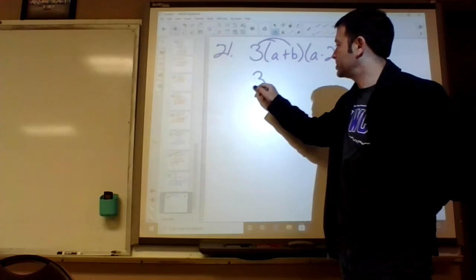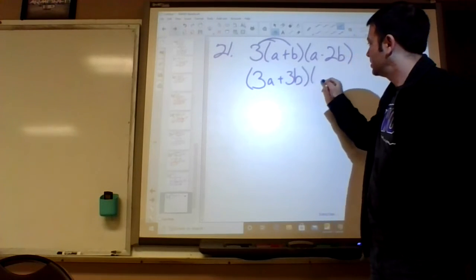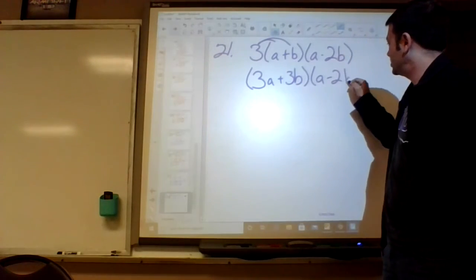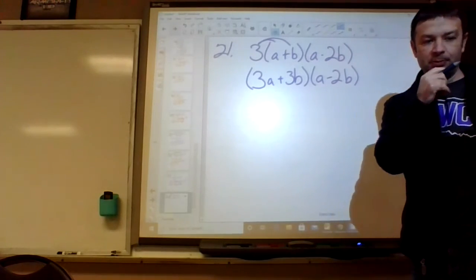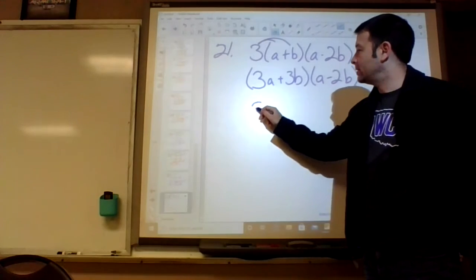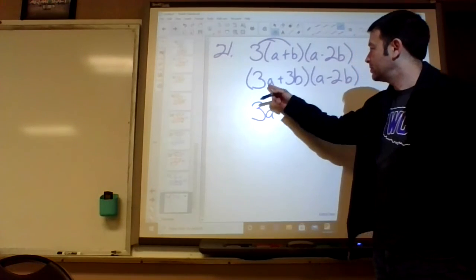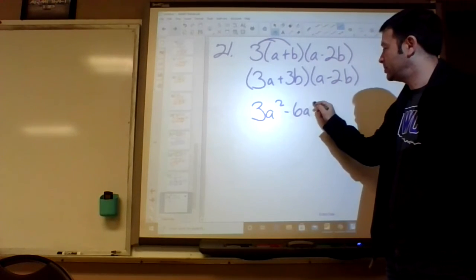So that would just be 3a plus 3b times a minus 2b. So now it's a FOIL problem again, just after we finish multiplying that first thing. So 3a times a, 3a times minus 2b, minus 6ab.